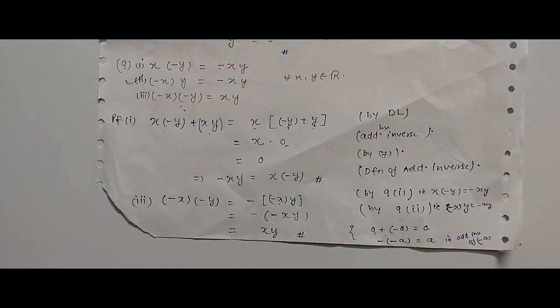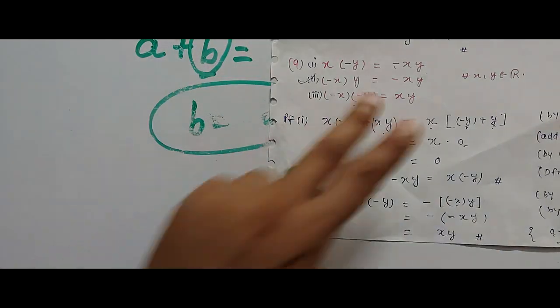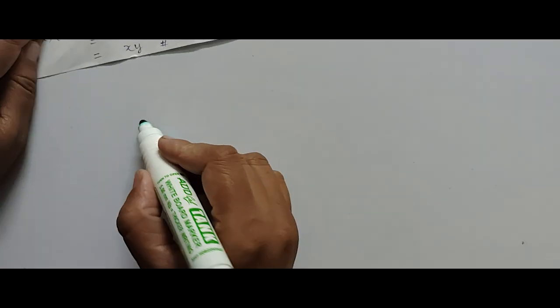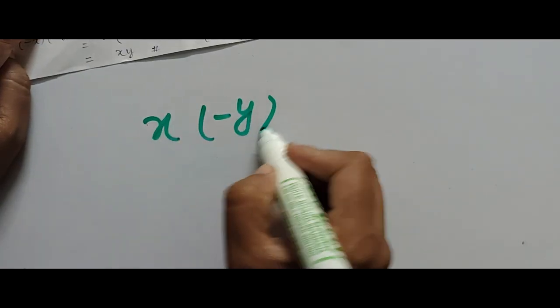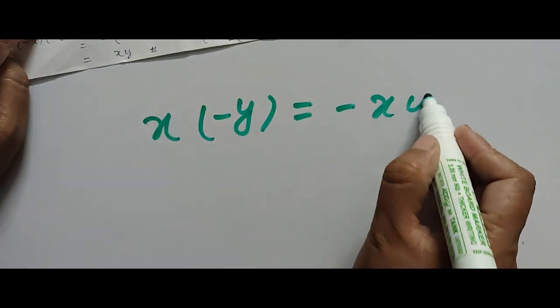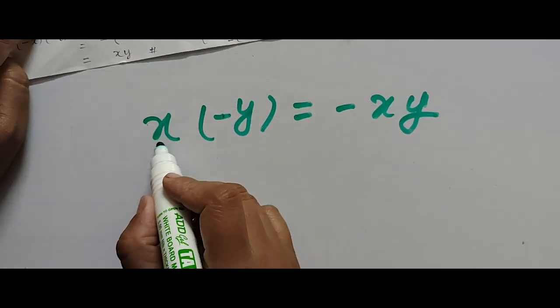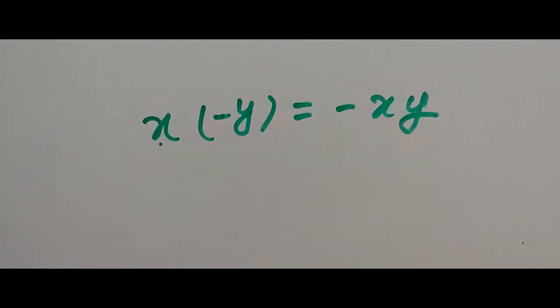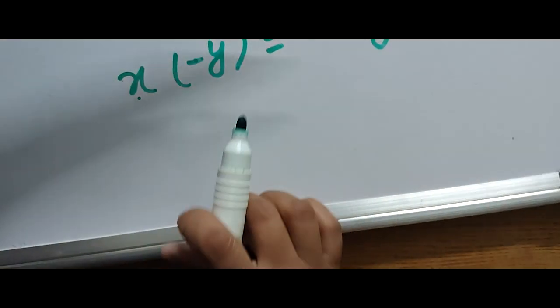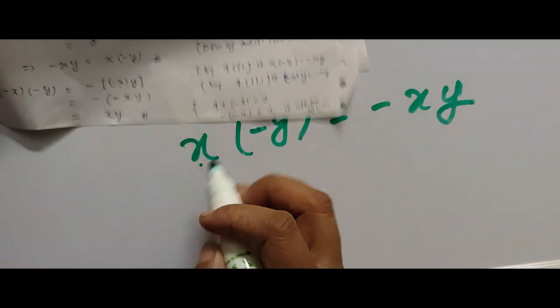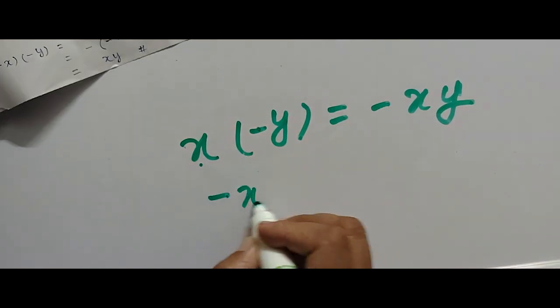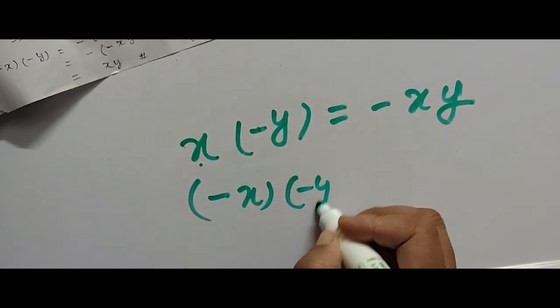This first result basically what it is saying, x into minus y is what, minus xy. दैट इज़ माइनस आपका बाहर आ गया और जो ये दो एलिमेंट बचे ये आपके क्या हो गए, प्रोडक्ट हो गए. ठीक है.